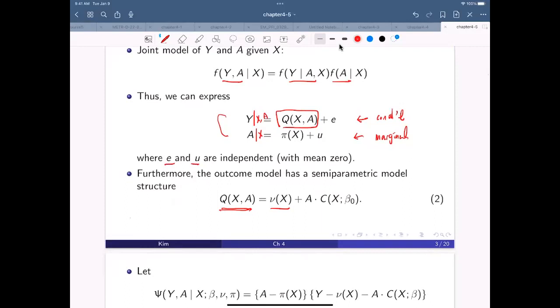I found it very interesting because in transfer learning, they call this model the posterior drift model.